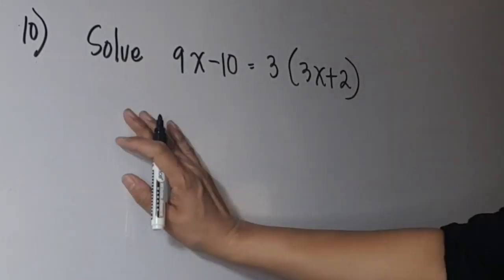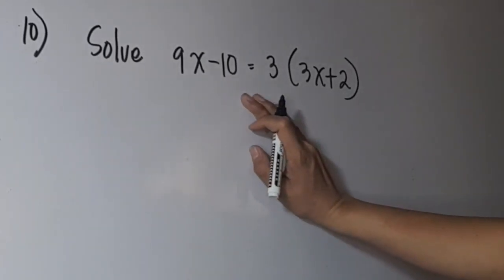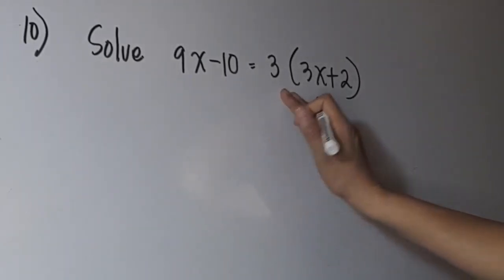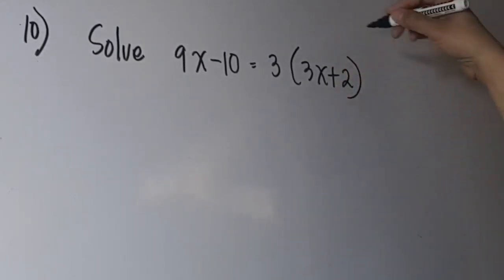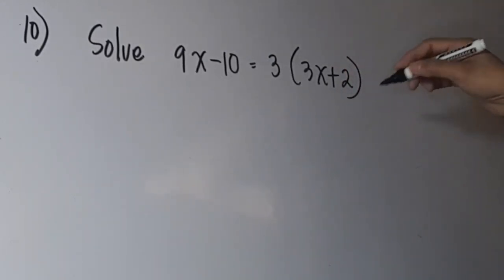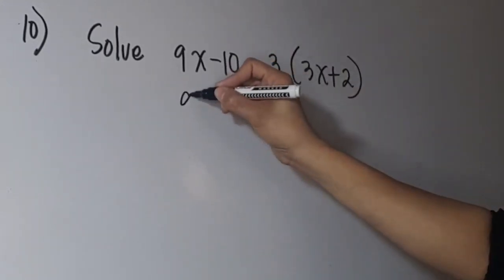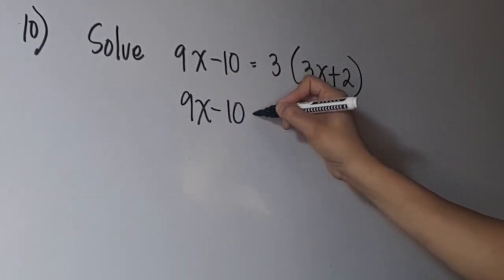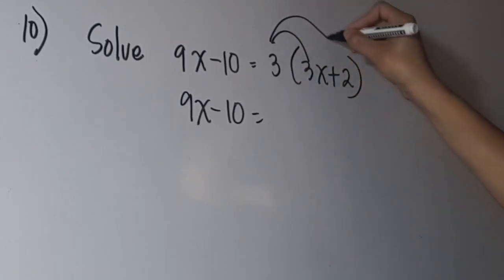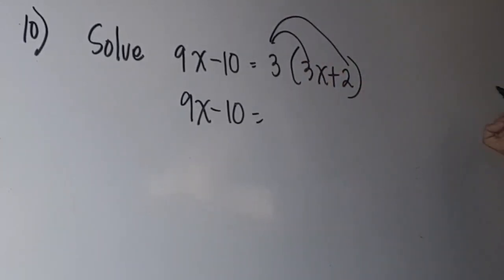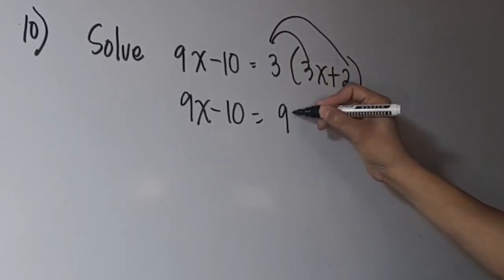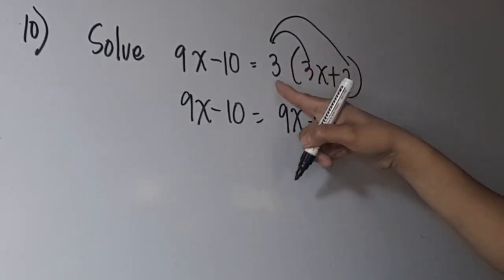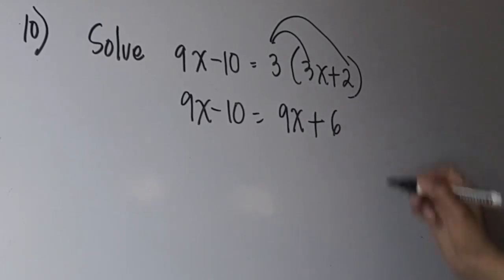Okay, number 10, we have solved 9x minus 10 equals 3 times the quantity 3x plus 2. Okay, so the right side, we have to simplify first the right side. So, 9x minus 10, so distribute. We can simplify by distributing, no? Distributive property. So, 3 times 3x is 9x plus 3 times 2 is 6.